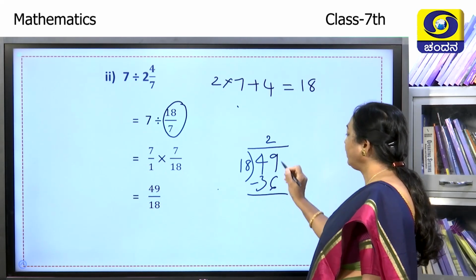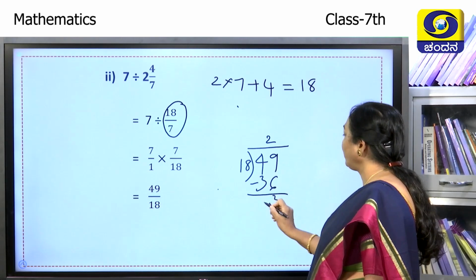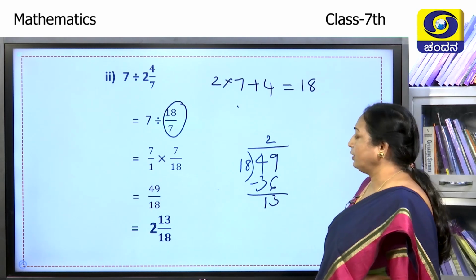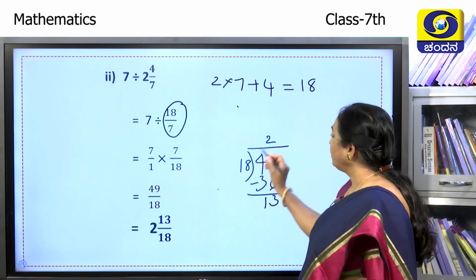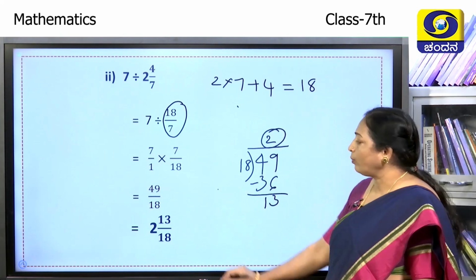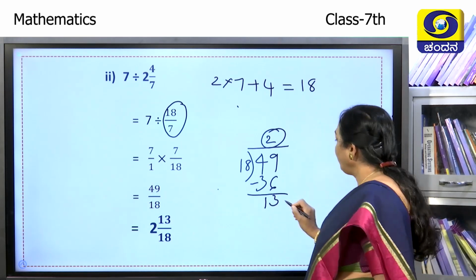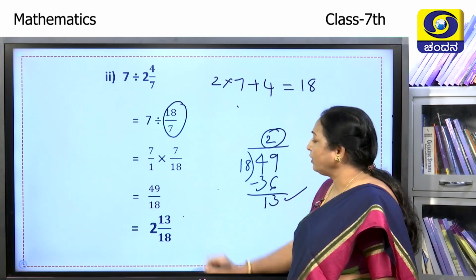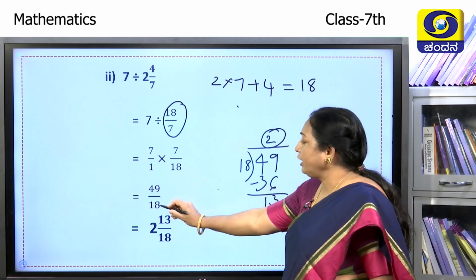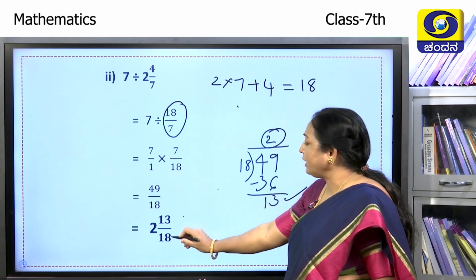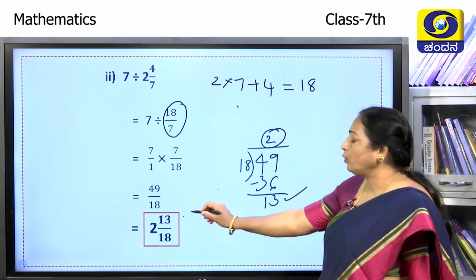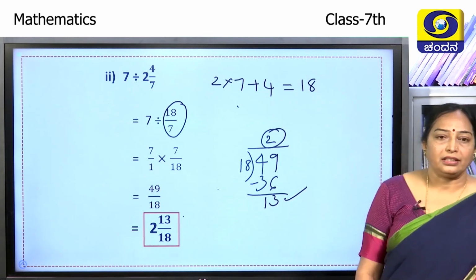What do we get? 49 minus 36 is 13. The answer is 2, it goes to the whole number, the remainder goes to the numerator, and the denominator is written as it is, that is 18. So, the answer is 2 13 by 18.